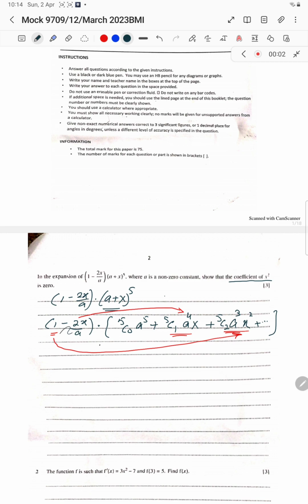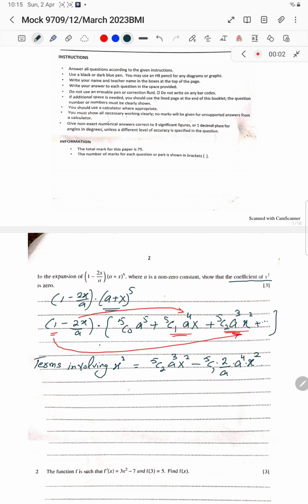So here, when a multiplies, the terms involving x² will be 5C2 a^3 x², and when the second term, −2x/a, multiplies, we write 5C1 times 2/a times a^4 x².